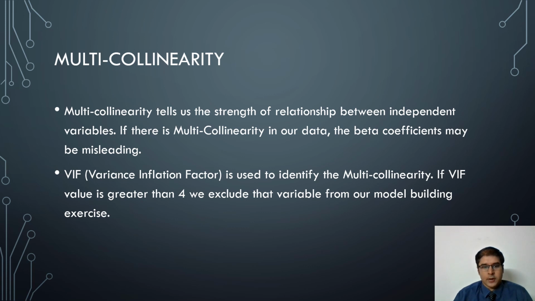Multi-collinearity is basically the intercollinearity between independent variables, and for a specific feature, if the VIF value is greater than 4, we exclude that feature or variable from our model building exercise. VIF is variance inflation factor, and it is used to identify that multi-collinearity.